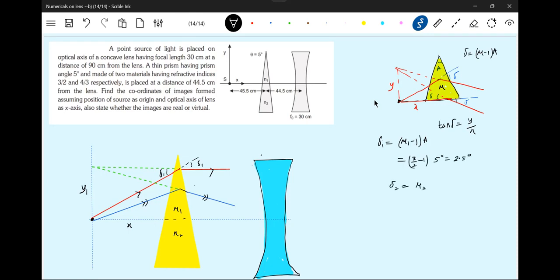Deviation suffered by the rays passing through the lower part of the prism is (4 by 3 minus 1) into 5 degrees. We have to convert into radians, no? Pi by 180 radians.